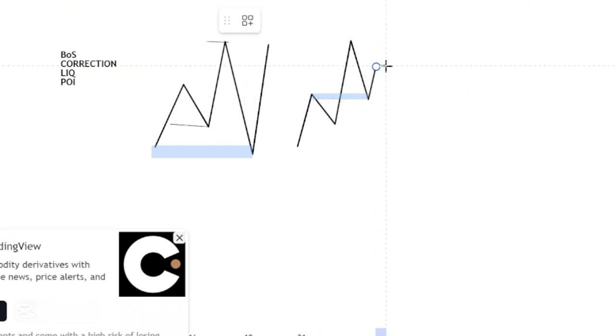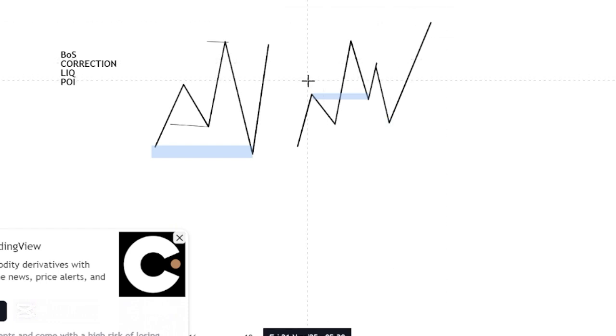If price does not hold here, it will become liquidity, and then price might decide to come down to this place and take the buy. So you have to make sure that liquidity must be cleared. If it's not cleared, this place is not going to hold.